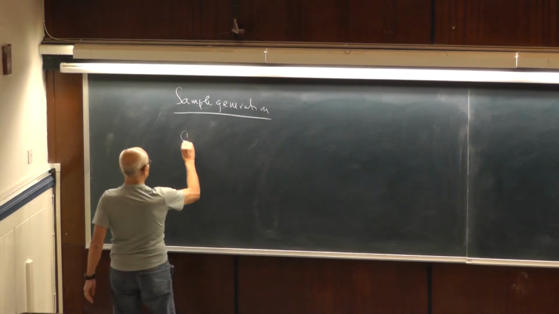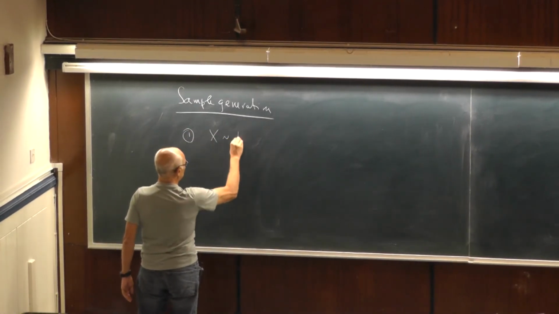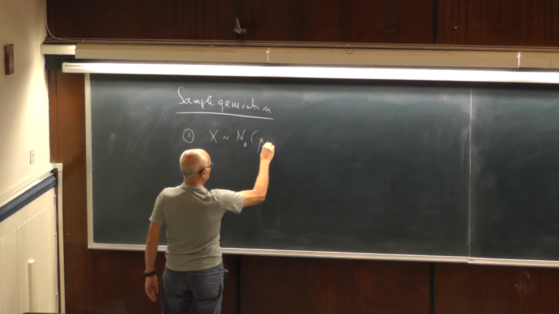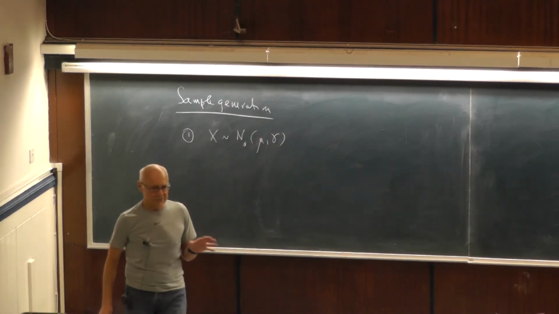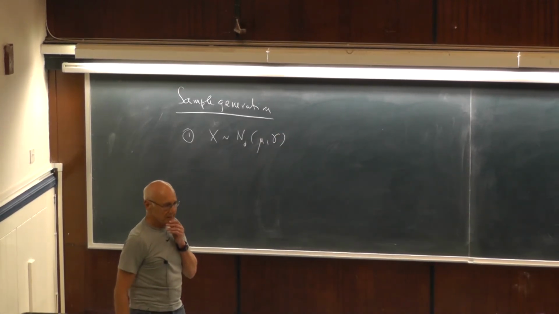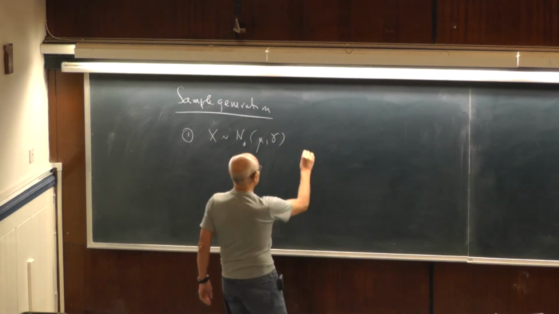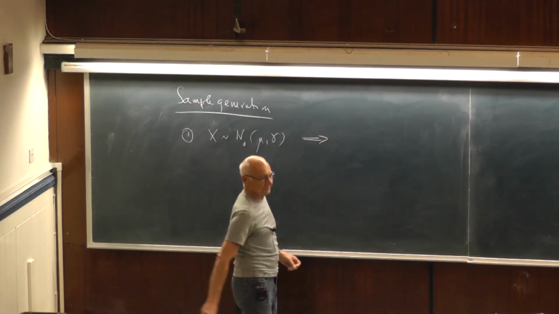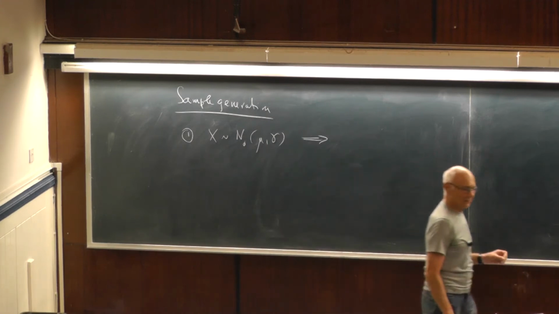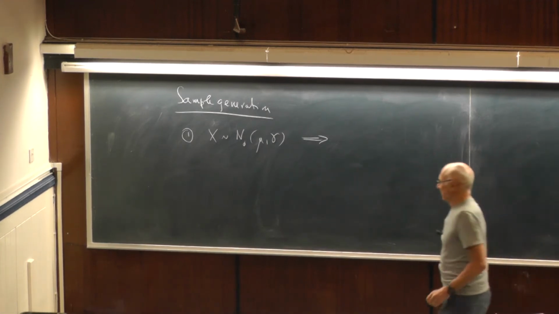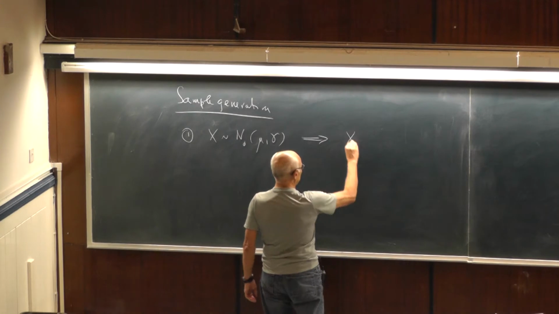So first, assume that X is Gaussian. And you know the meaning of this notation, right? And the idea is the following. I try to represent this in a different way. So the way to represent it is the following.